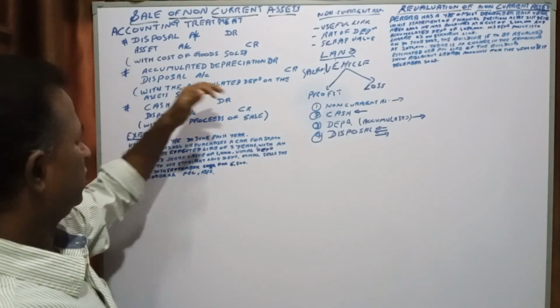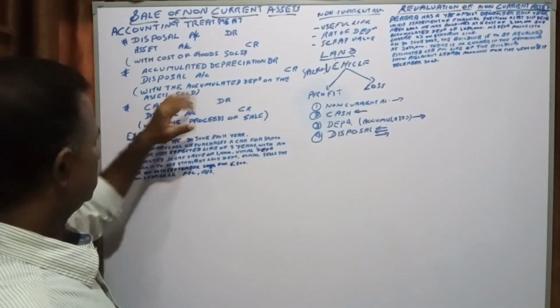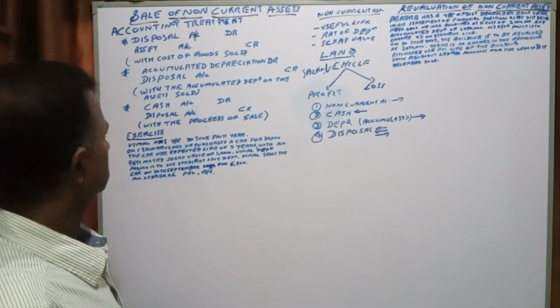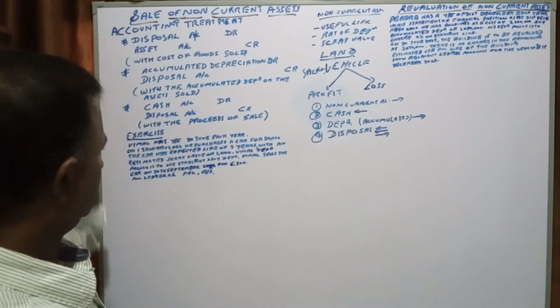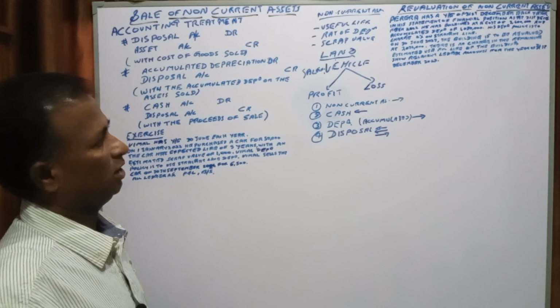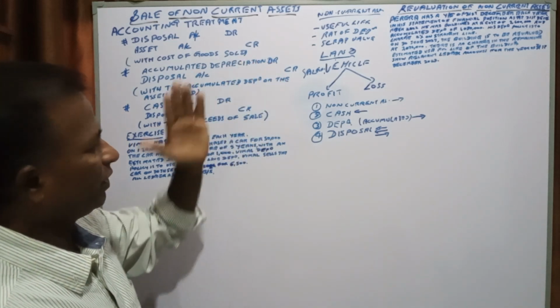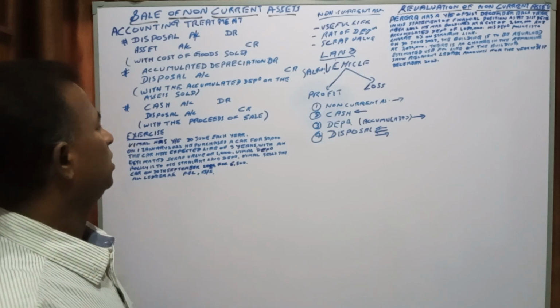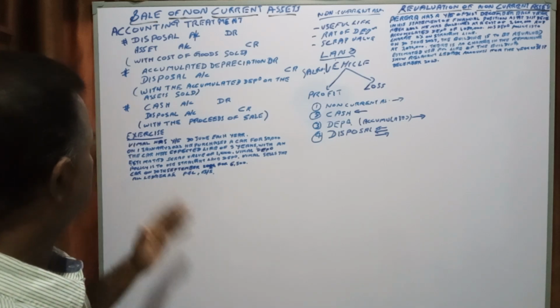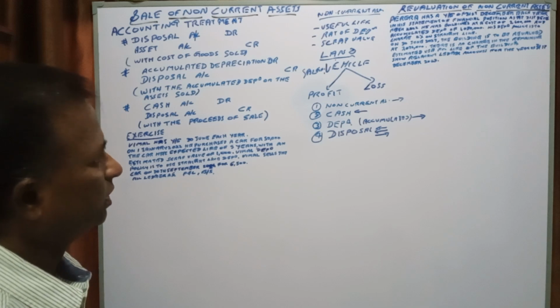Here, along with the accumulated depreciation of the assets sold, these three accounting entries are involved in this particular transaction. So let us move on with the exercise.